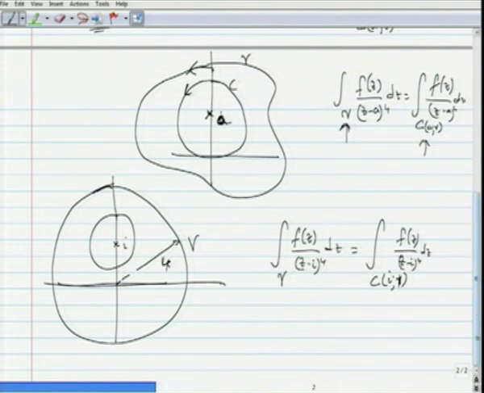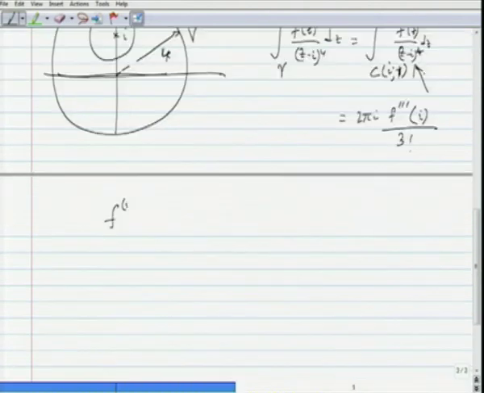And once again, by Cauchy's integral formula for the derivatives, this is 2 pi i times the third derivative. We have a fourth power in the denominator, so it is the third derivative of f at the point i, divided by 3 factorial.